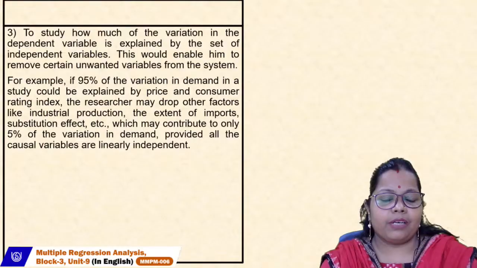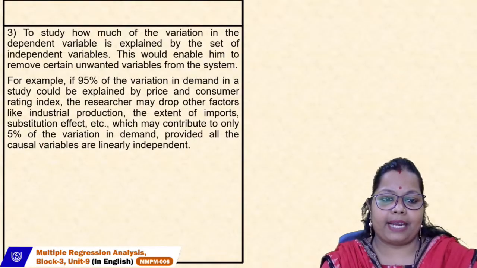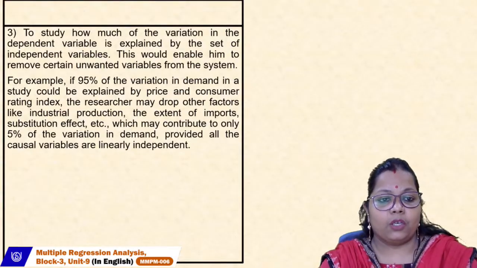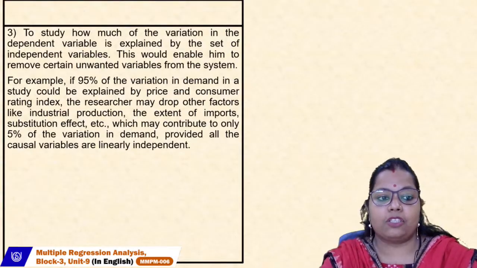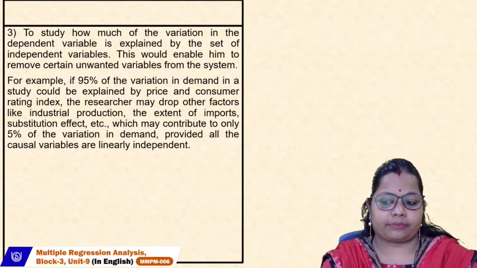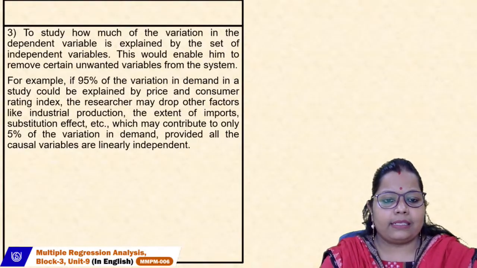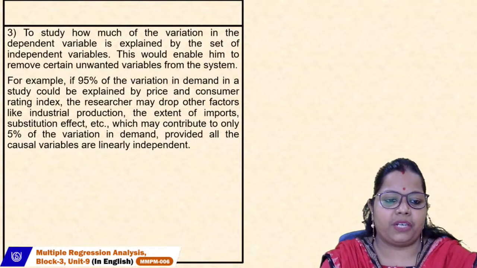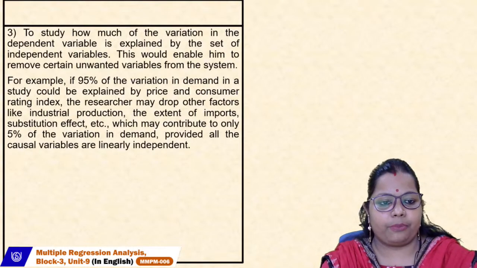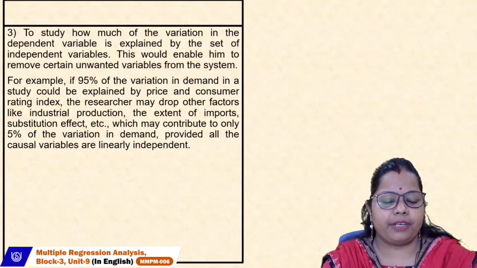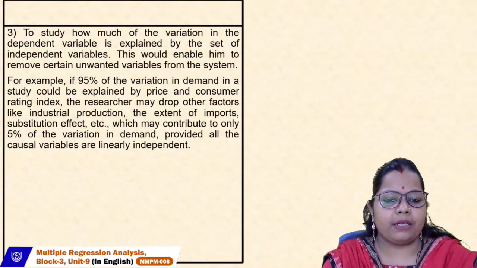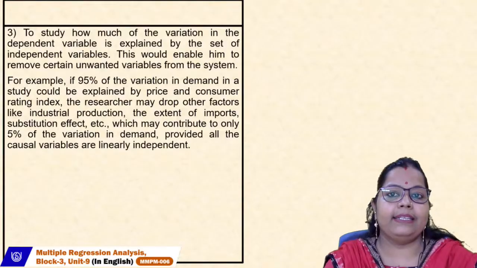For example, if 95% of the variation in demand in a study could be explained by price and consumer rating index, then the researcher may drop other factors like industrial production, the extent of imports, substitution effect, etc., which may contribute to only 5% of variation in demand, provided all causal variables are linearly independent.